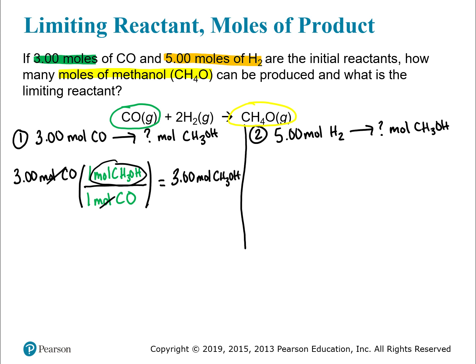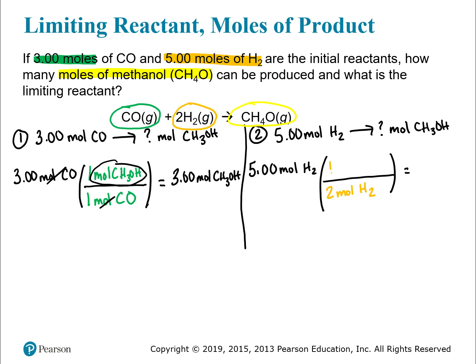We do the same thing with the hydrogen. We write the number of moles of hydrogen from the chemical equation in the denominator of the mole-mole factor, because we're trying to cancel out moles of hydrogen.